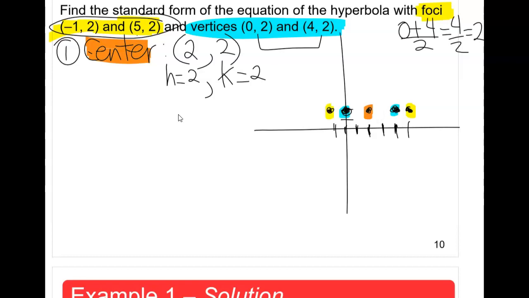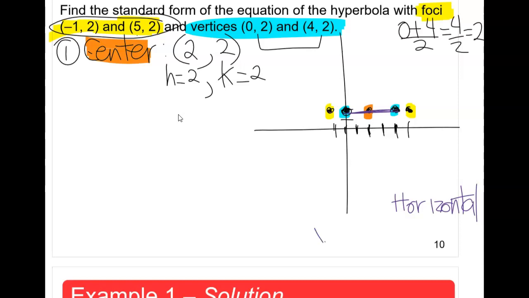So if we trace a line that connects the vertices like that, it is horizontal. And so we could say that we're going to have a horizontal transverse axis, and therefore it's a horizontal hyperbola.